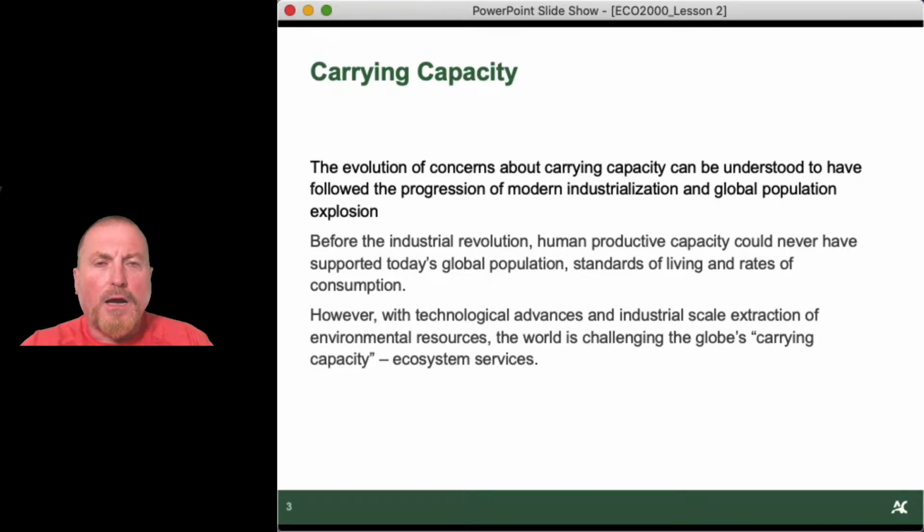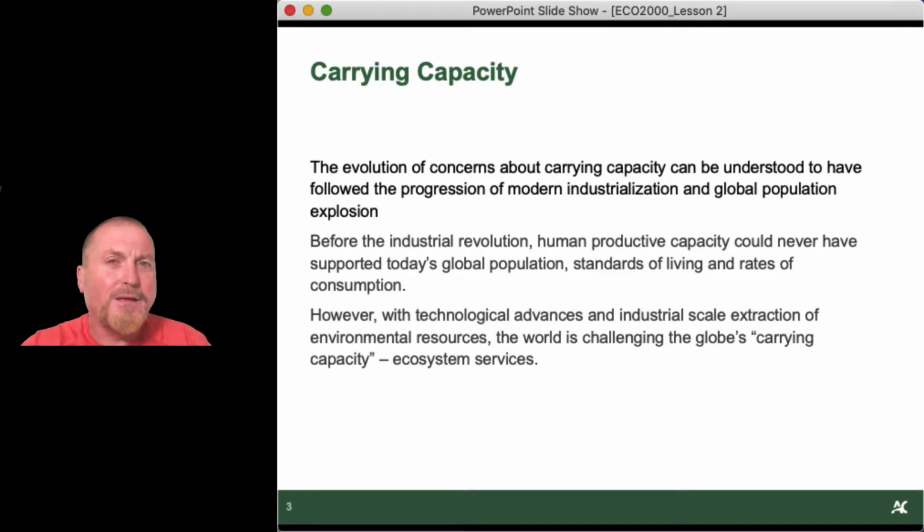All right. Another key concept is carrying capacity. The evolution of concerns about carrying capacity can be understood to have followed the progression of modern industrialization and global population explosion. Before the Industrial Revolution, a fisherman would go out on the boat, perhaps with his brother or whatever, and throw a small net or a small line in the water, and the carrying capacity of the environment was never particularly threatened.